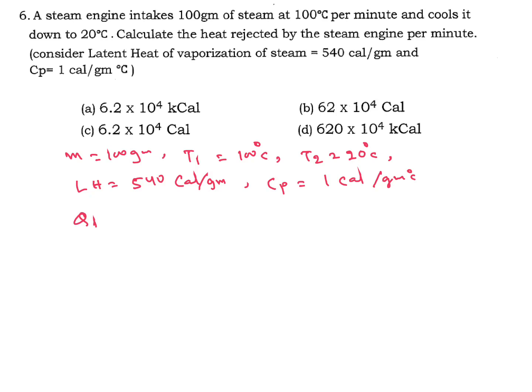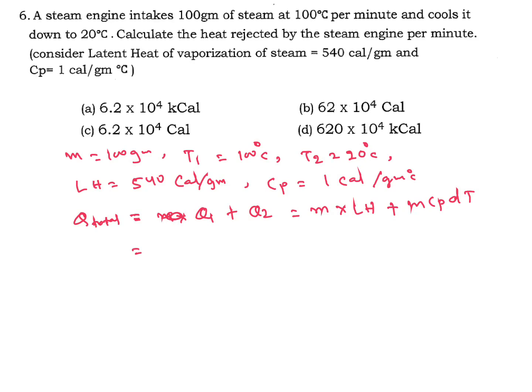Q total, or heat rejected total, is in terms of at 100 degrees Celsius it's latent heat, then Q equals m Cp dT. So mass into Q1 plus Q2. Q1 is mass into latent heat plus m Cp dT. dT is 100 degree Celsius to 20 degree Celsius.